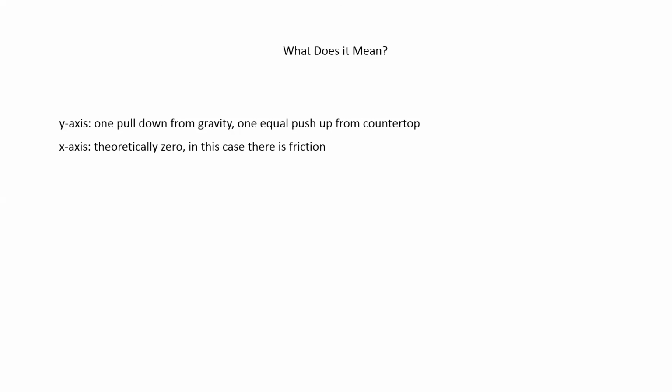There are many different directions it could be pushing and pulling at different times. So for this experiment's sake, we'll just say that the pushes and pulls on the x-axis are 0. So our final answer is that we know that there is one pull from gravity and one equal push up from the countertop.